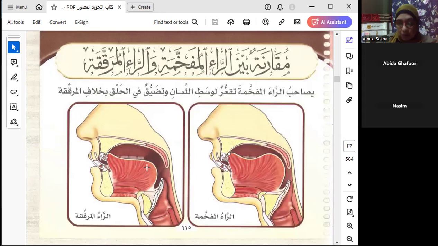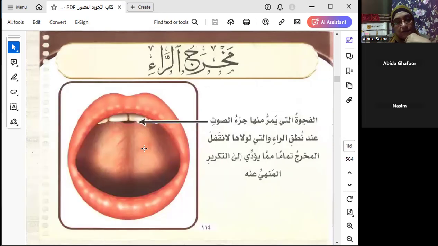Another sifa for ra, which we did mention while we were explaining, is the takrar or trilling, and it is a characteristic to be avoided. And there is another sifa called al-inhiraf.